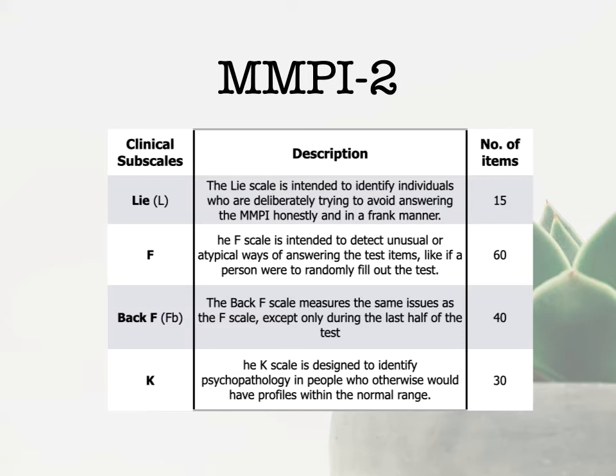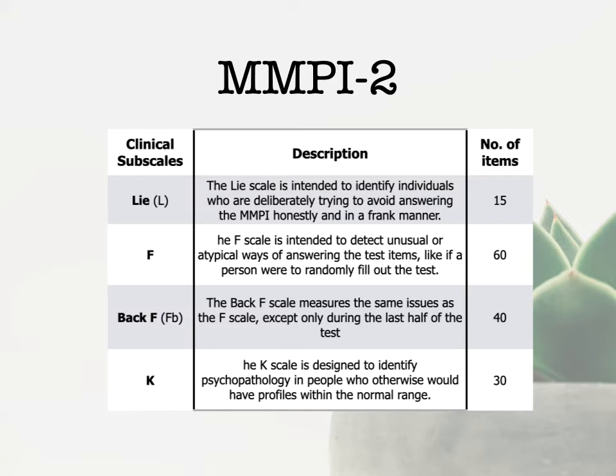The F scale is intended to detect unusual or atypical ways of answering the test items, like if a person were to randomly fill out the test. So it also has this subscale to determine whether the client was really answering the test as truthfully as he can. You also have the back F scale, which measures the same issues as the F scale, except only during the last half of the test.